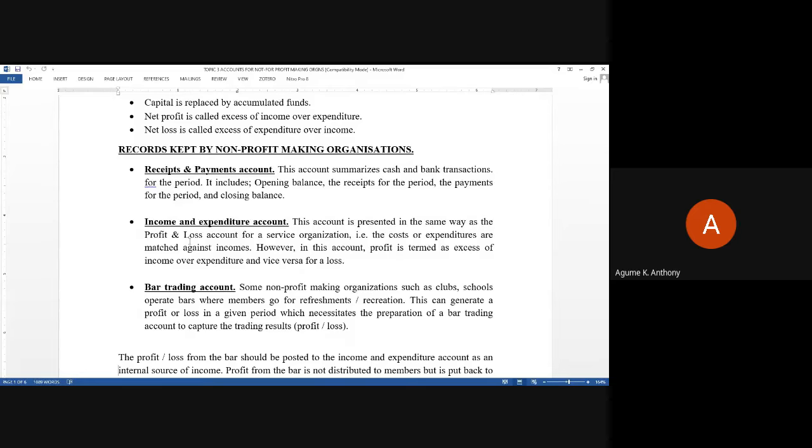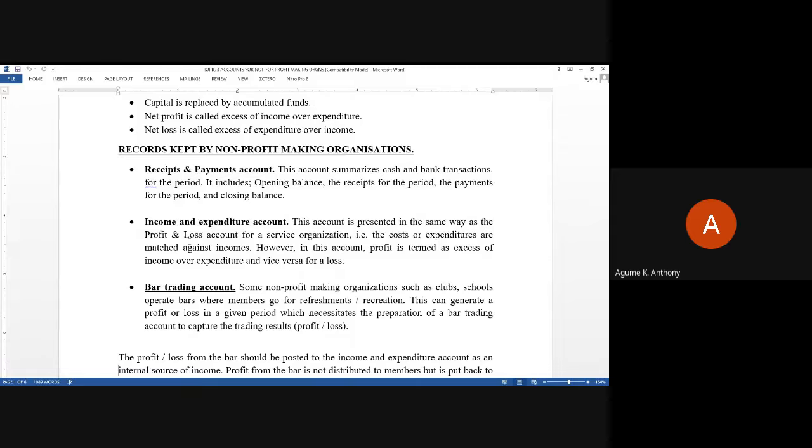Then you have the bar trading account. Some non-profit organizations, such as clubs and schools, operate bars where members go for refreshments or recreation. This can generate a profit or loss in a given period, which necessitates the preparation of a bar trading account to capture the trading results of the bar.